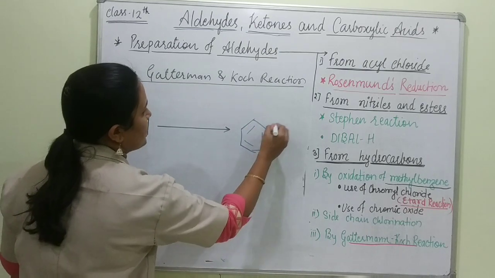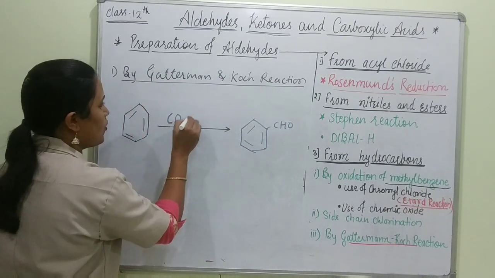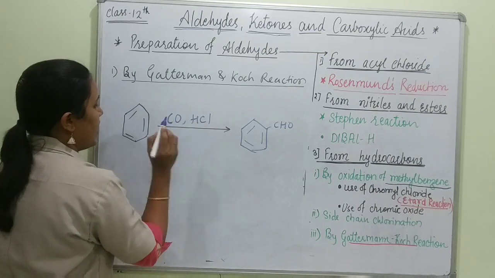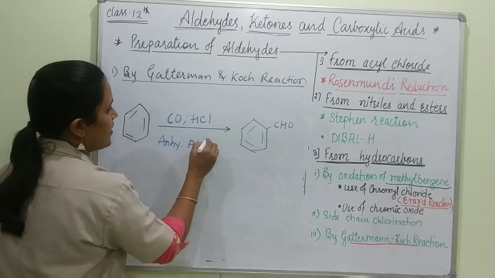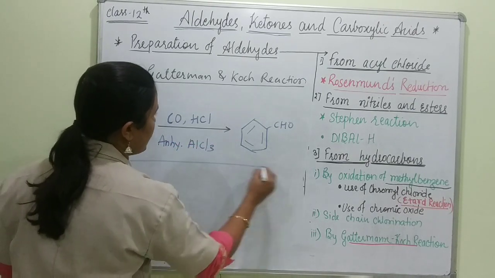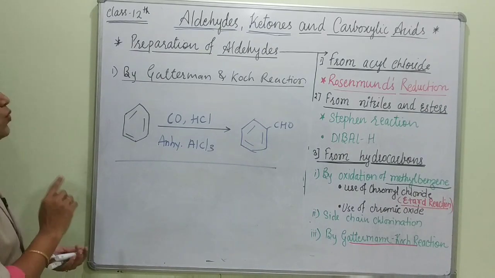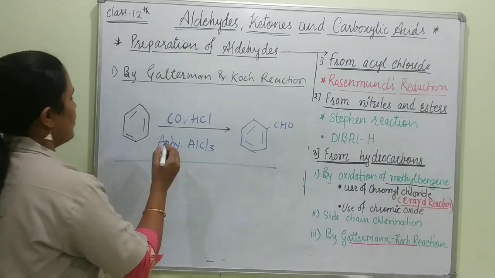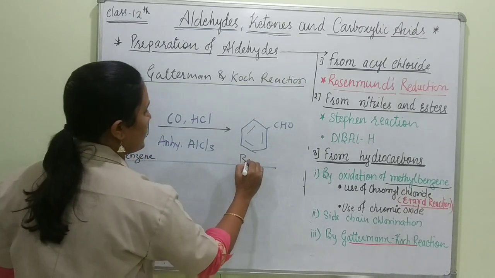In this way it can convert into aldehyde in the presence of carbon monoxide and HCl. At the same time we are using anhydrous AlCl3. This is a very easy reaction and the reagents are also very easy. So in this one what are we converting? We are converting benzene directly to benzaldehyde.